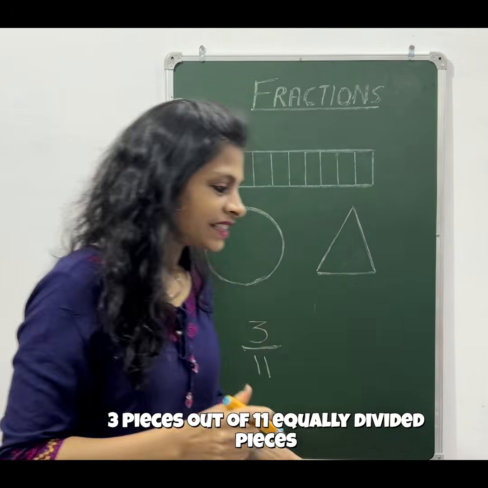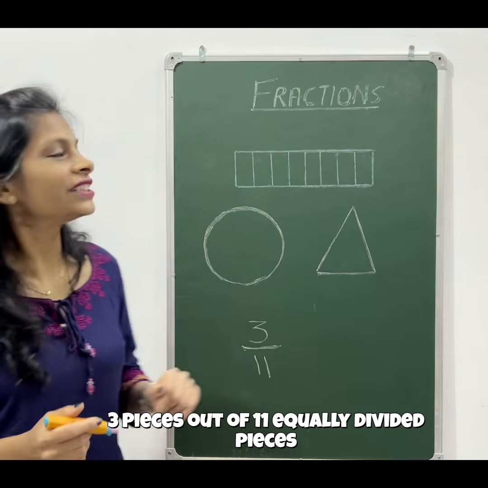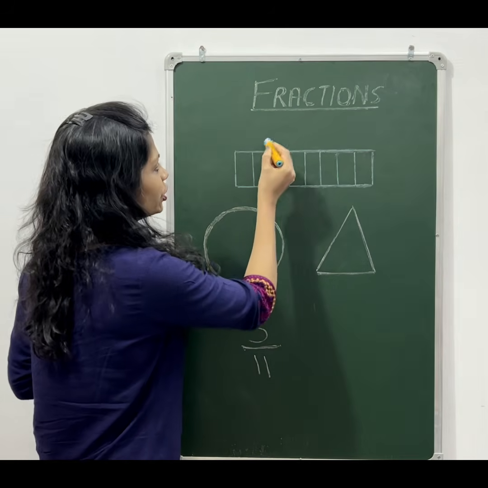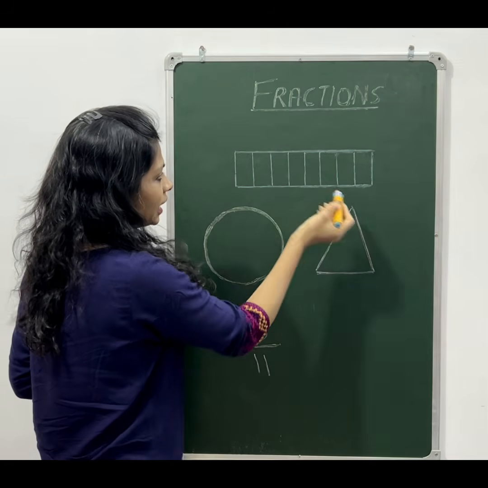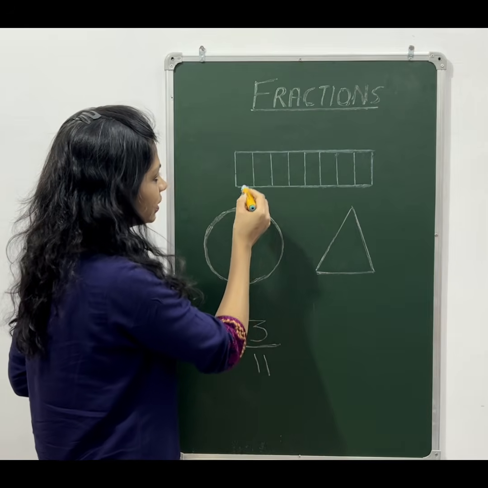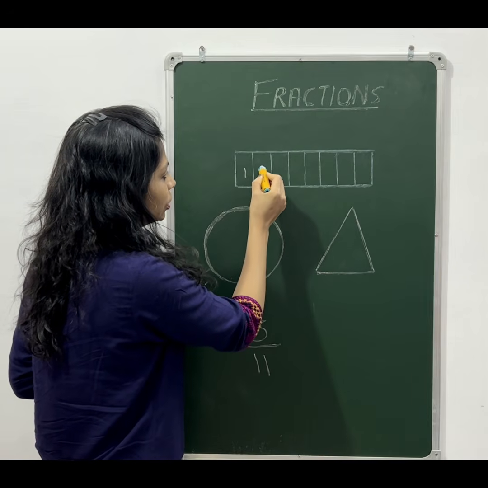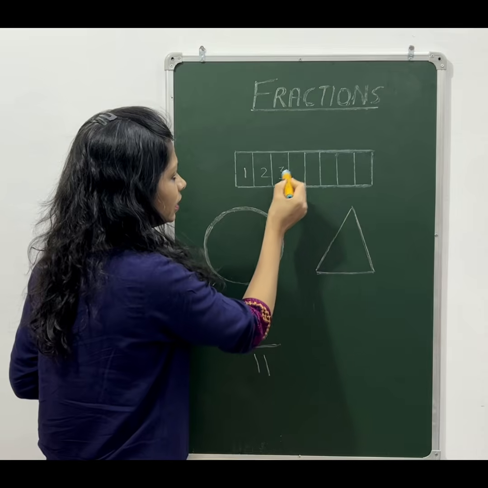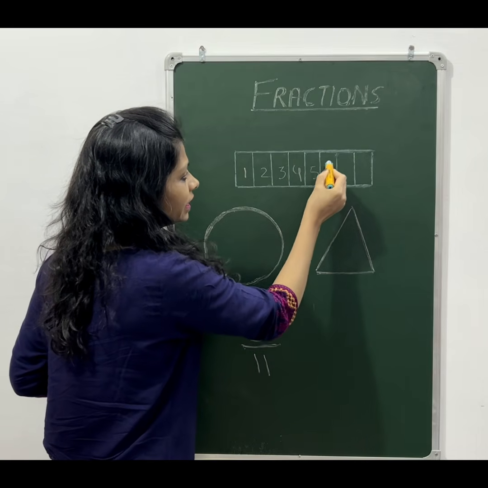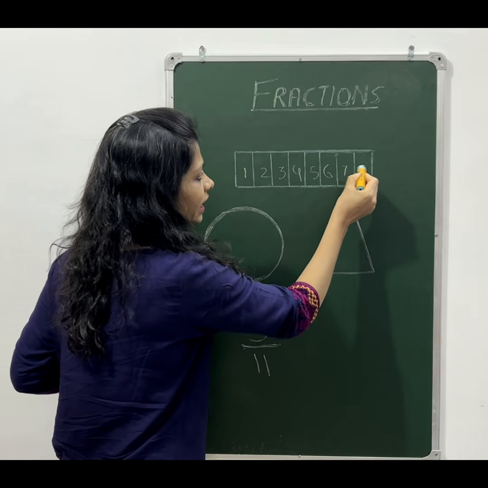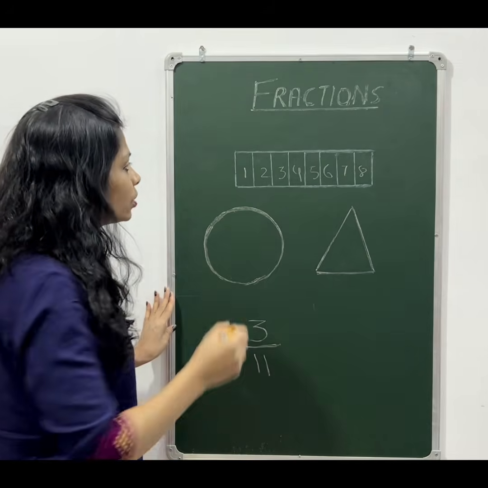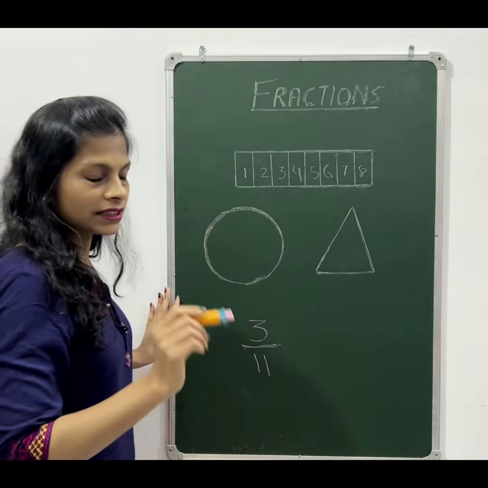Let's understand more about fractions using these diagrams. Let's say I have a chocolate bar here, and let's count the total number of pieces. 1, 2, 3, 4, 5, 6, 7, 8. The total number of pieces here is 8.